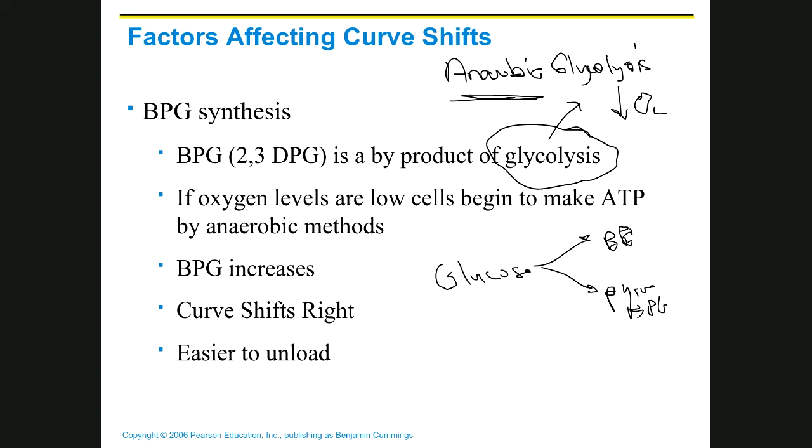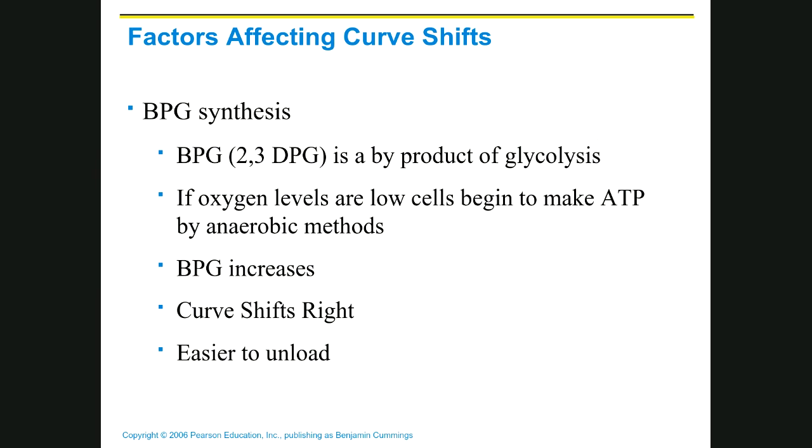So look, the only time we're going to make BPG is when we don't have any oxygen, because that's when we're going to do anaerobic glycolysis. In other words, there's no or not enough oxygen.